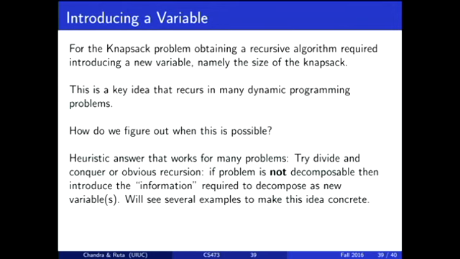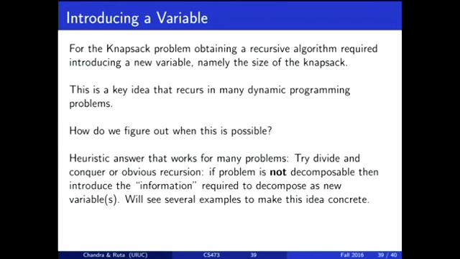Okay? But when you cannot decompose a problem, there's a dependence between them, the way to get a recursion is to say, aha, the only way I can get a recursion is if I put the dependence into the recursion itself. I'm not solving the original problem, I'm trying to solve a bigger problem. What is the more general problem? I'm trying to solve a problem where I have not only items but also the knapsack capacity as a variable now.